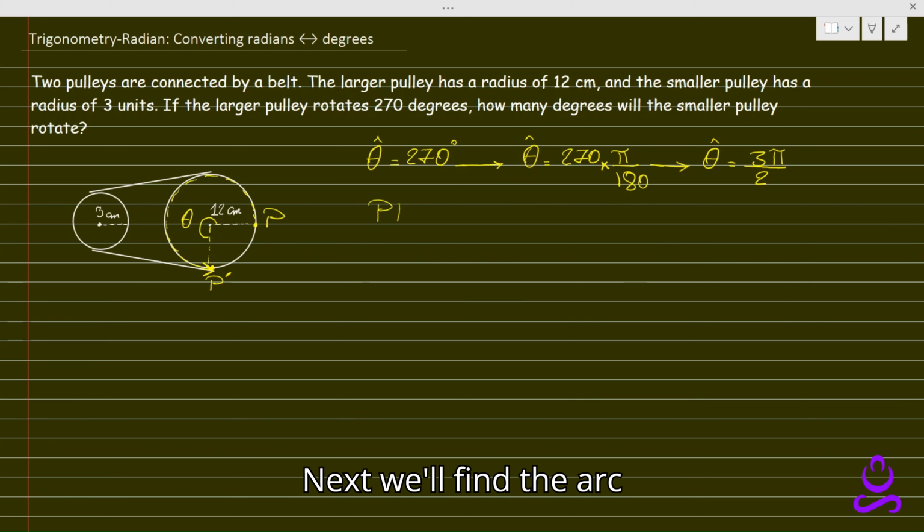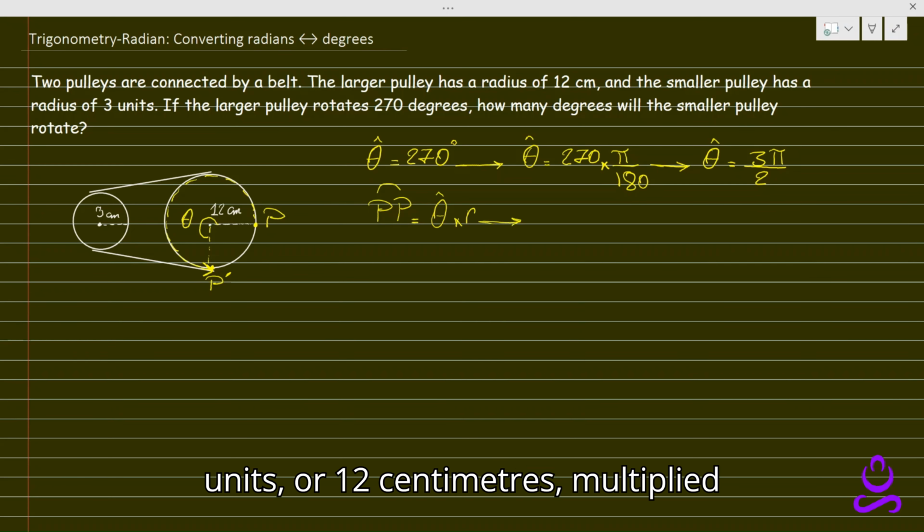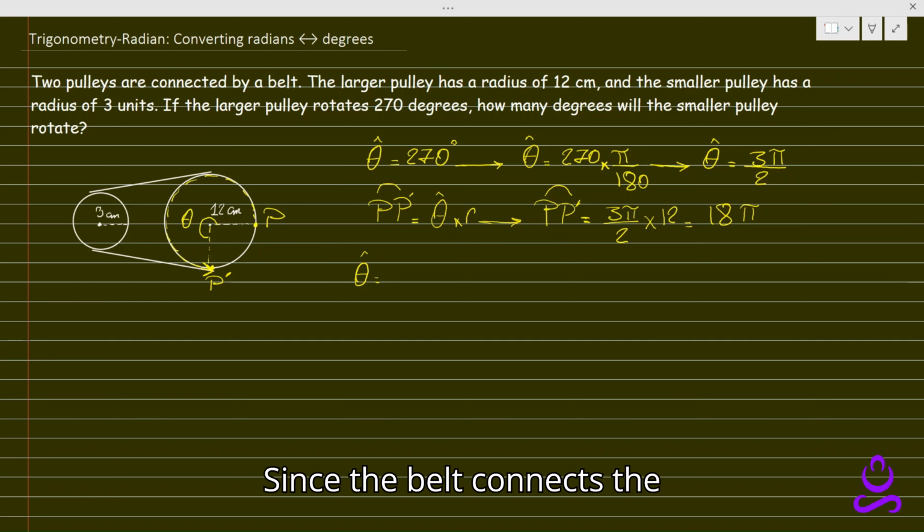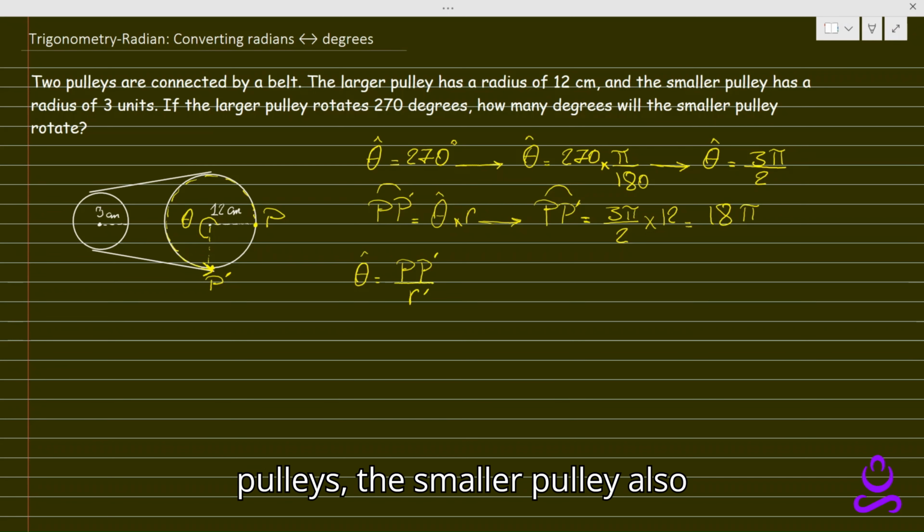Next, we'll find the arc length the larger pulley covers. 12 units or 12 centimeters multiplied by 3 pi over 2 radians equals 18 pi units. Since the belt connects the pulleys, the smaller pulley also travels 18 pi units.